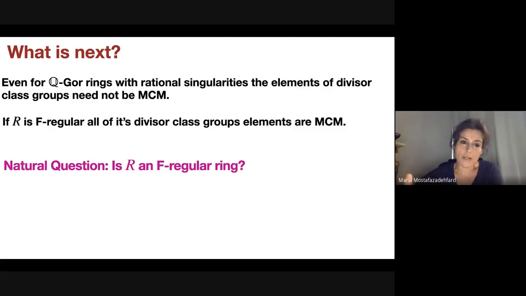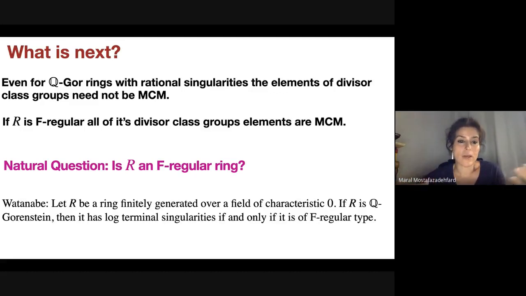F-regularity: F is the first letter of Frobenius, so it means the singularities that come from the Frobenius map. If we want to think in the algebraic geometry sense, we can consider the theorem of Watanabe in characteristic 0.